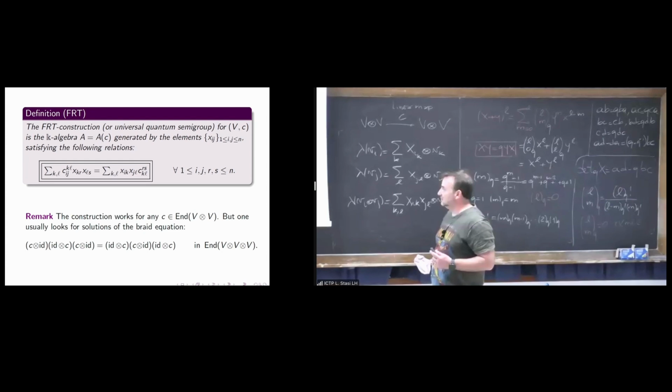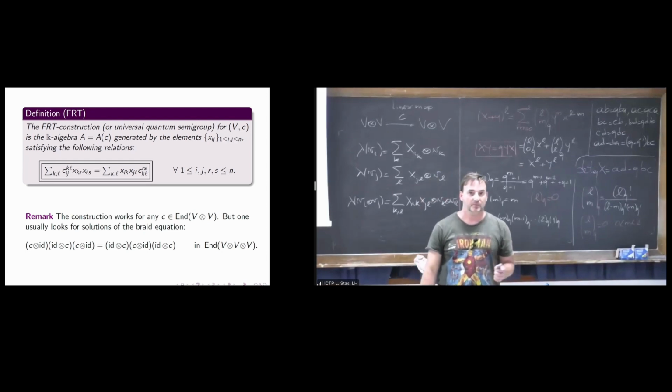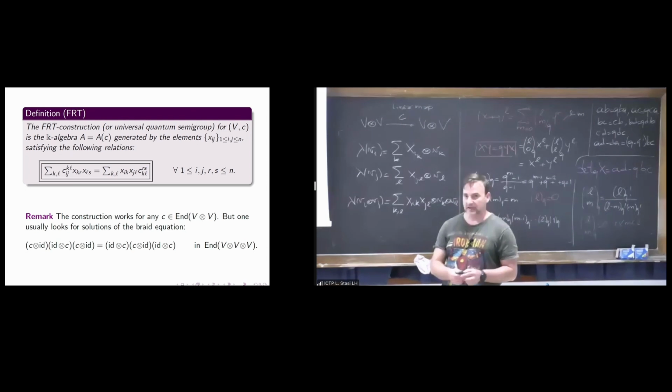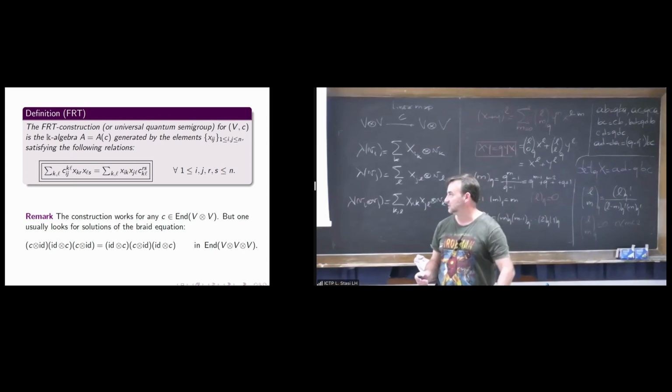So this construction makes sense for any map between V tensor V, but we are going to concentrate on some specific maps that are solutions of the braid equation. And this is not an equation coming out of the blue.